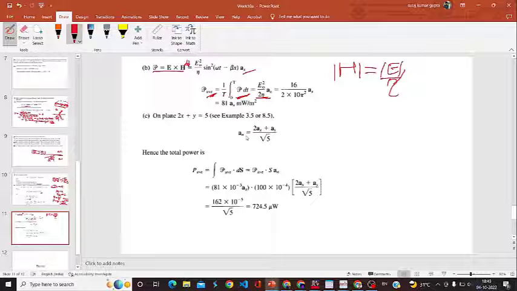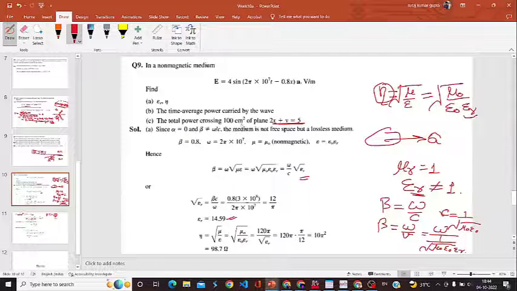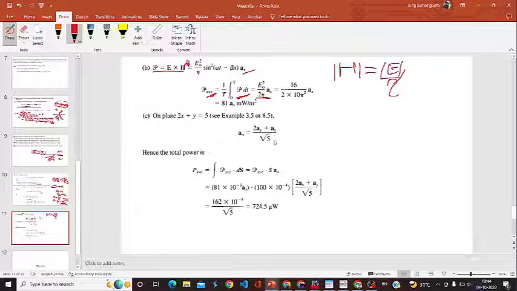Now we have the value of average power, and the area is also given to us, which is 100 centimeter square, and the area vector we calculated in the previous part. So we can directly take the dot product of the average power, which is 81 ax milliwatt per meter squared, with 100 centimeter square into the area vector.